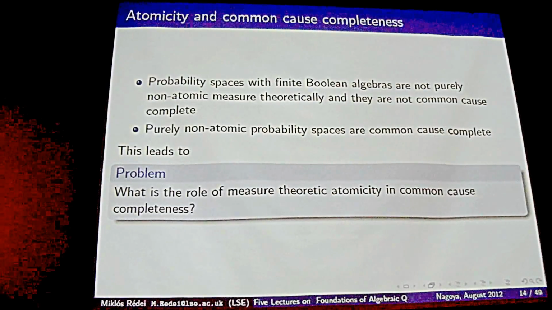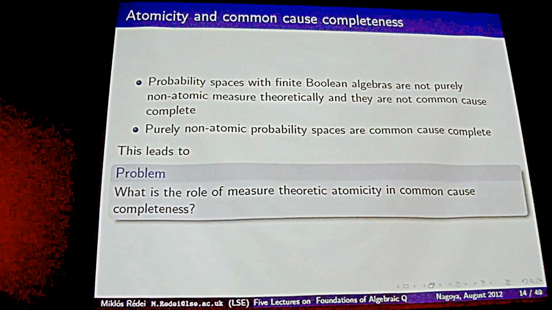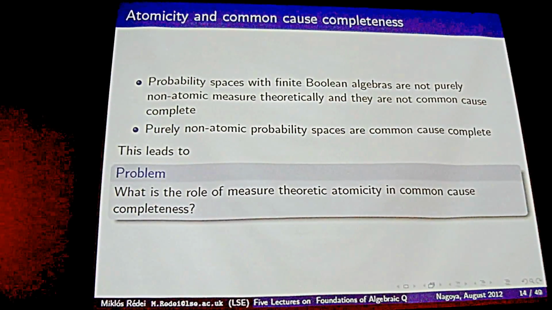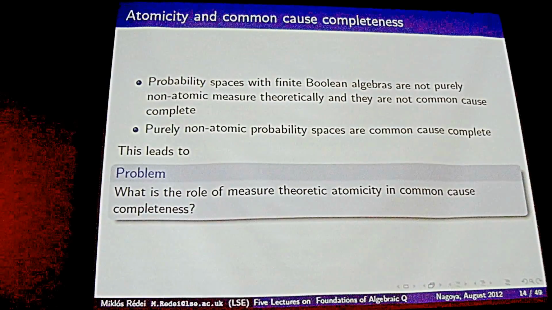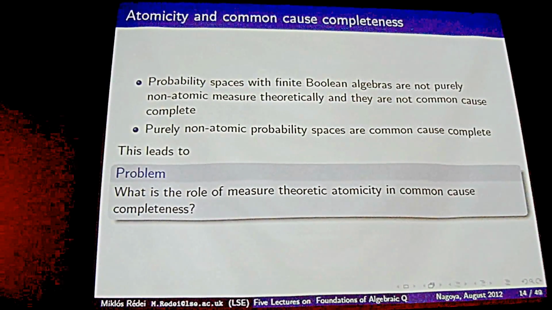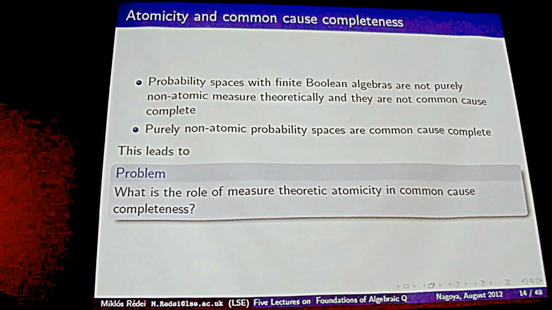Now, this points to the general problem of the role of non-atomicity and atomicity in connection with the common cause principle. Because as we have seen, probability spaces with finite Boolean algebras are not purely non-atomic, measure theoretically, and they are not common cause complete.